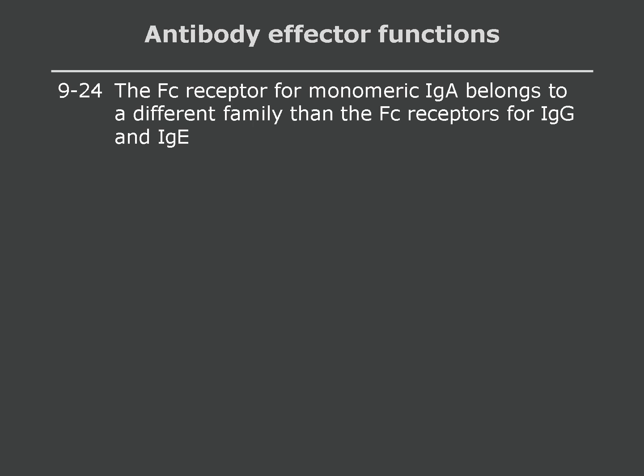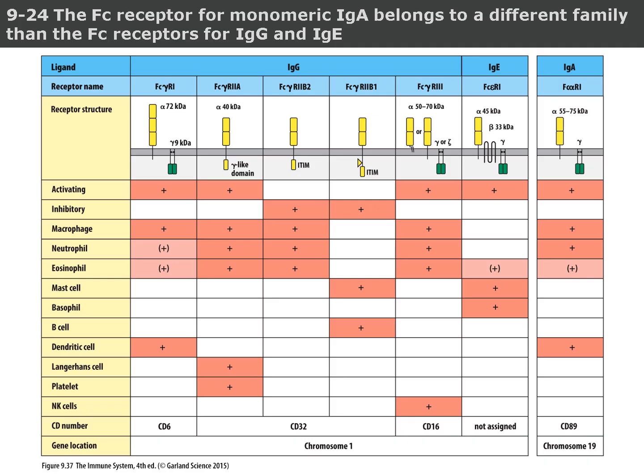The Fc receptor for monomeric IgA belongs to a different family than the Fc receptors for IgG and IgE. This chart summarizes the structure and cellular distribution of Fc receptors for IgG, IgE, and IgA. Starting on the left, the Fc gamma receptors for IgG differ in structure, function, and expression.